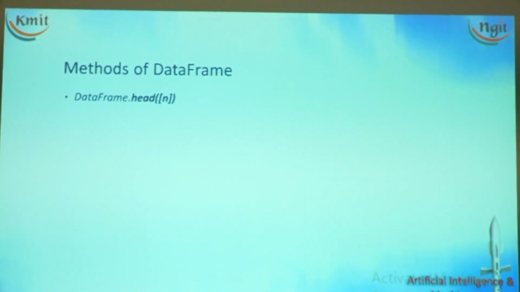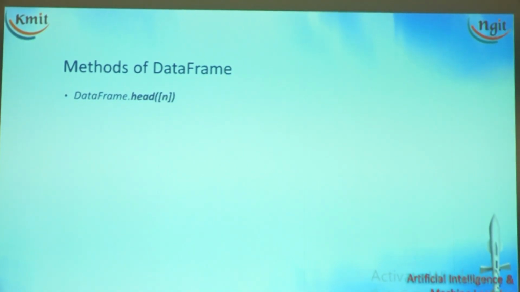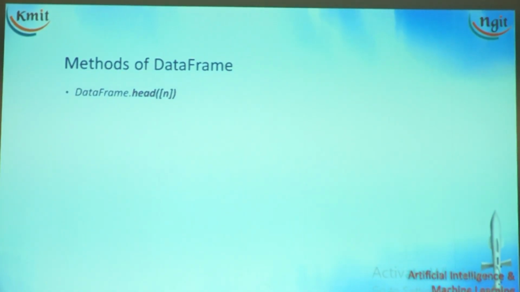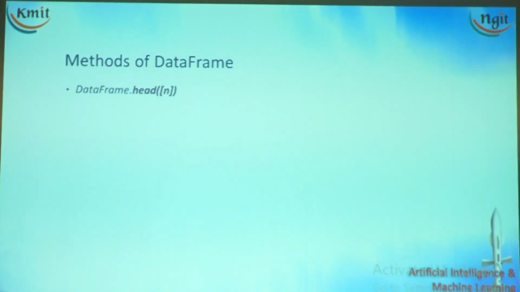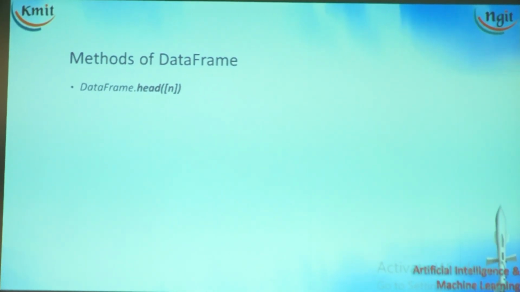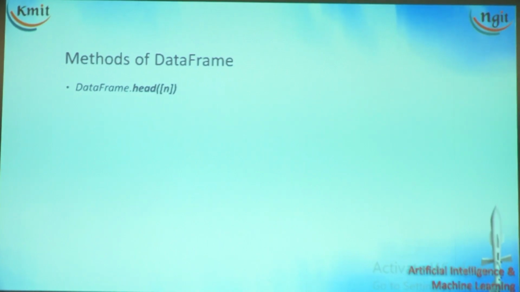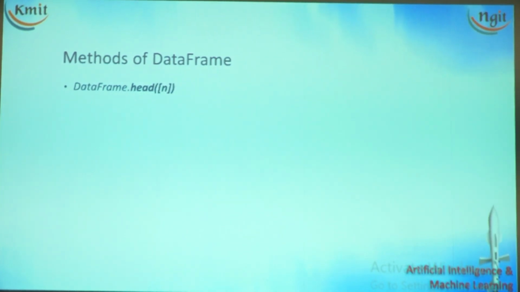Now, these were about attributes, what you have seen. The attributes were shape, size, values, all of these were attributes of your Pandas data frame. Now we will see a few important methods that you can use on this data frame. As I told you, if your data frame is too large and you just want an overview of it, I take a few starting samples of my data set. Then what do I go for? Head.